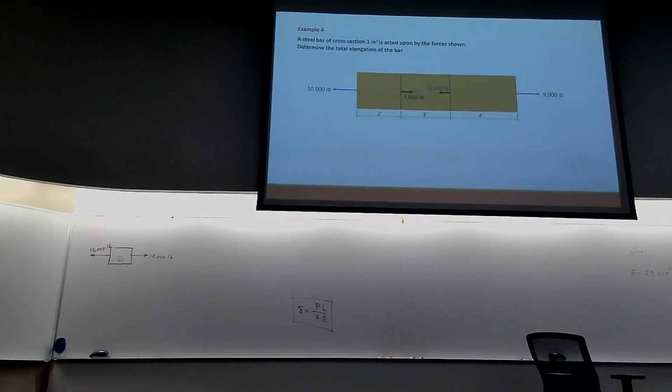So the internal force in segment 1 is 10,000 pounds. We could call that P1. Obviously this is in tension, so it's going to elongate. Then delta 1 is going to be a positive number.